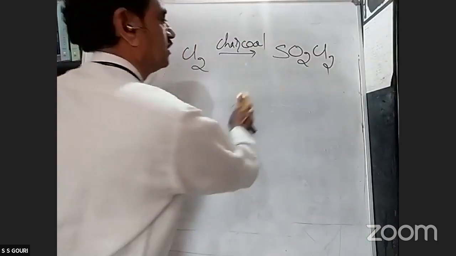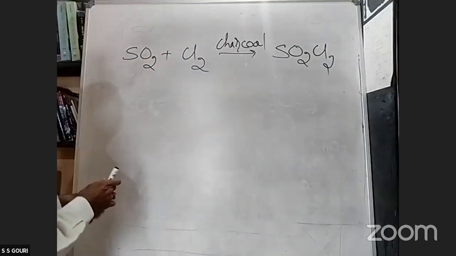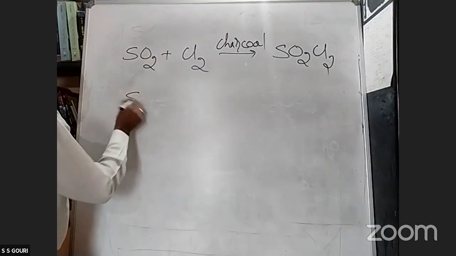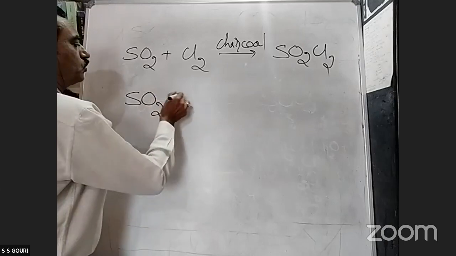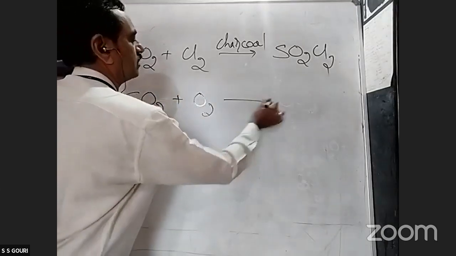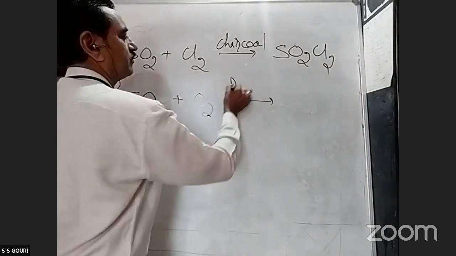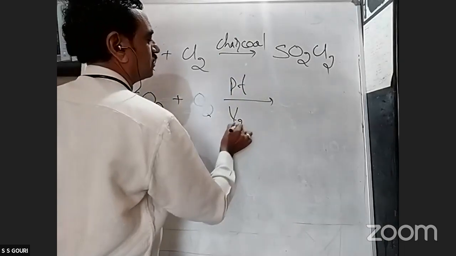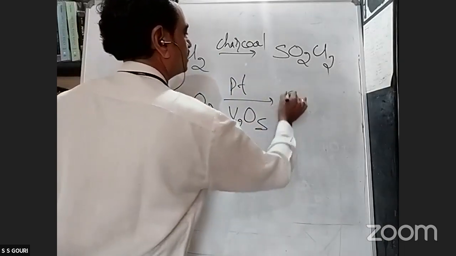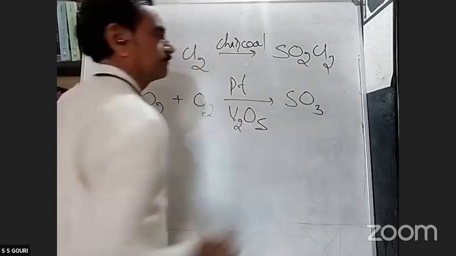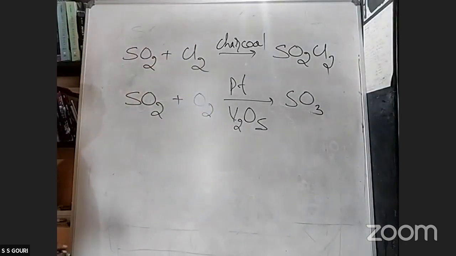Now, SO2 can react with O2 in presence of platinum or vanadium pentoxide catalyst to form SO3. So, what have you done?